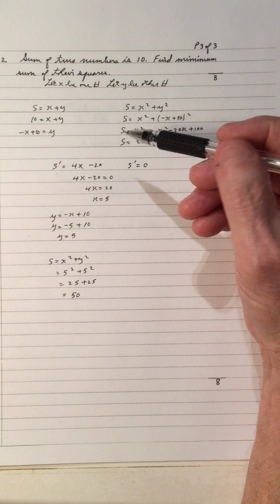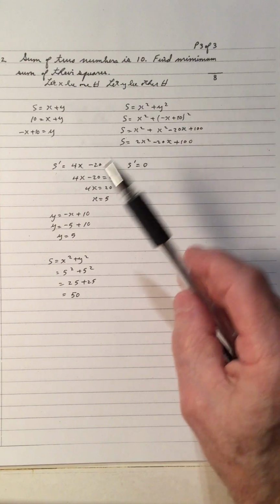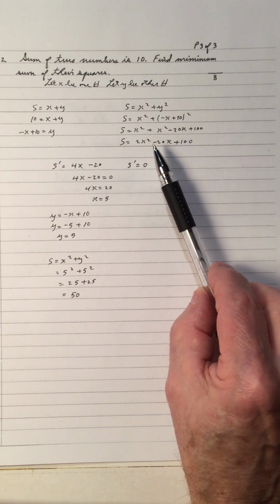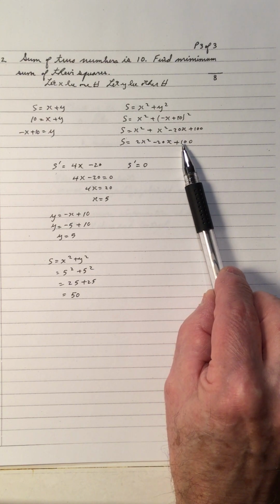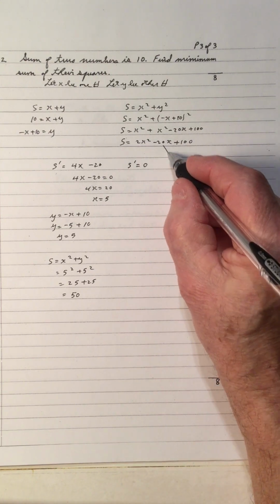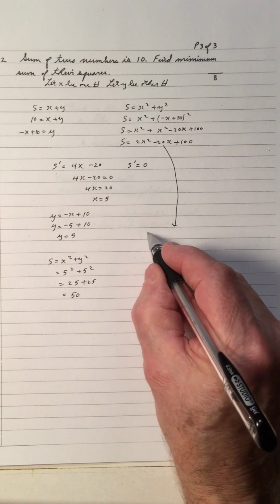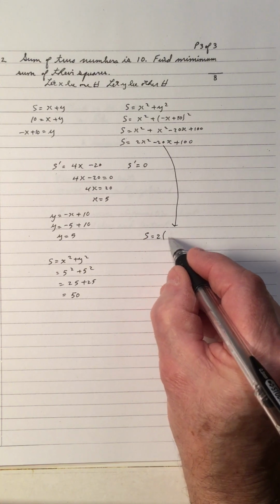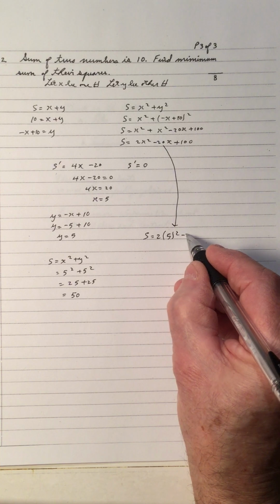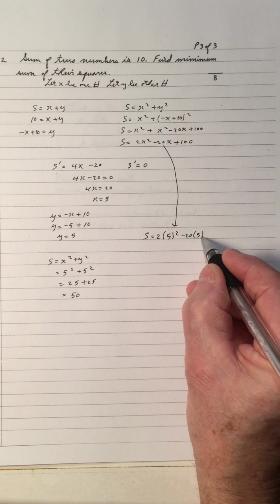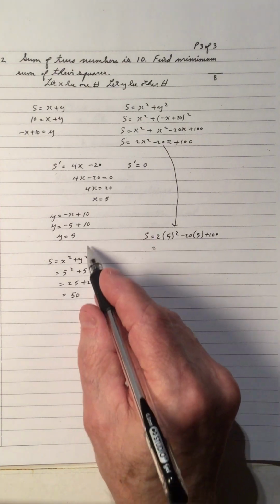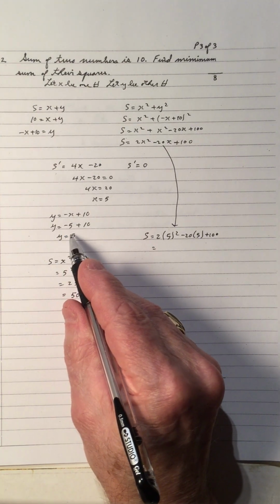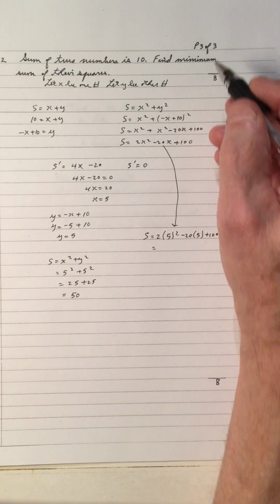Again, I could have taken the 5 and plugged it in right here if I wanted to. I could have said S is 2 times 5 squared, minus 20 times 5, plus 100. I didn't have to get what y is. I just wanted the minimum sum.